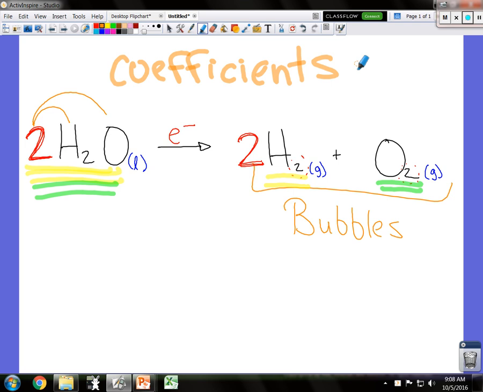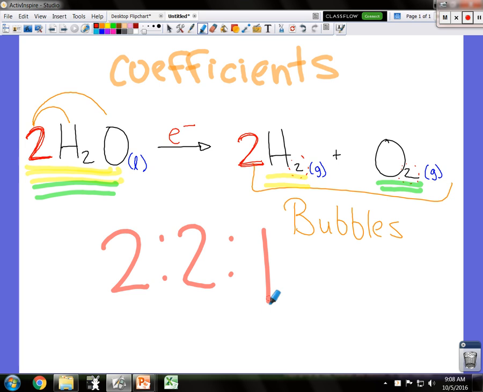If I have 100 waters, how many O2s will I get? 50. It's called a ratio. It's a 2 to 2 to 1 ratio. So if I start with 1,000 waters, how many H2s will I have? 1,000. And how many hydrogens?